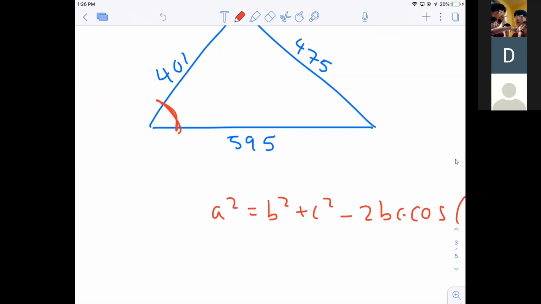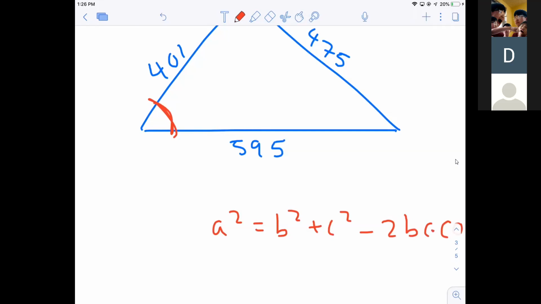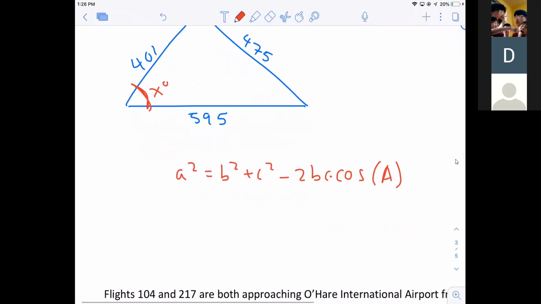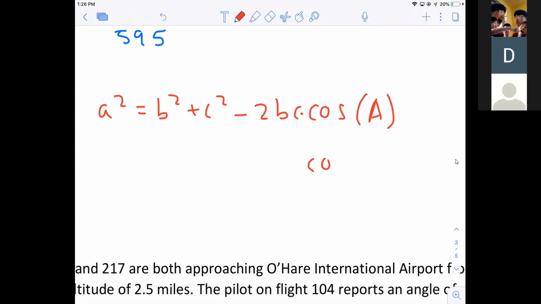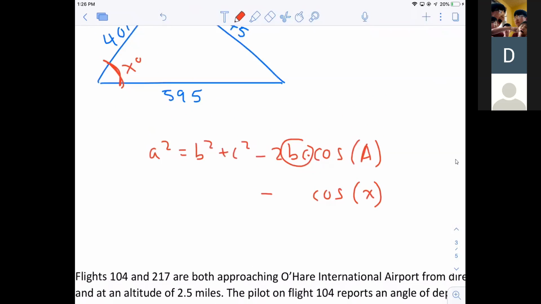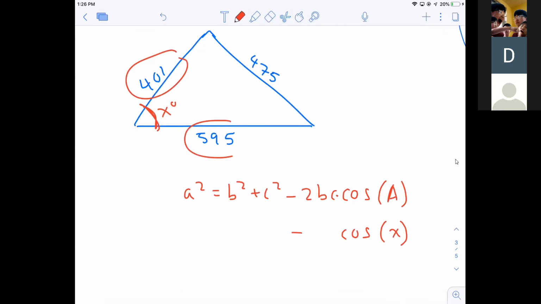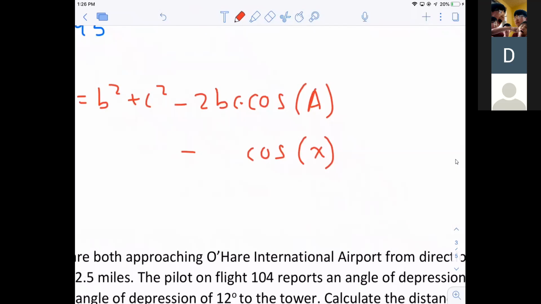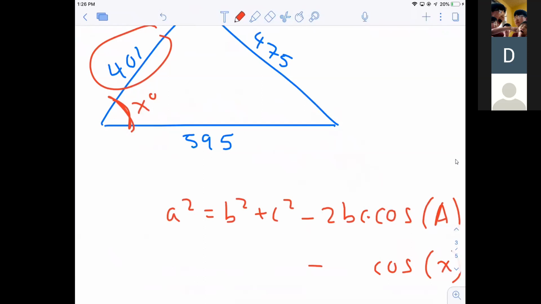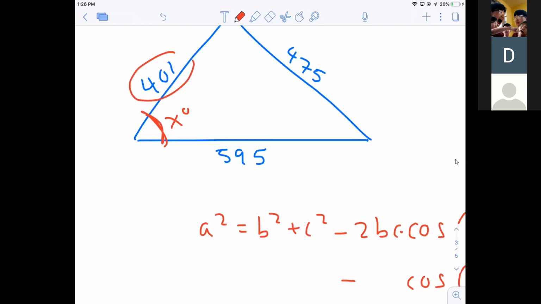That's the angle we're looking for. So I don't want to use the same letter, so I'm going to call this x degrees. So we know the cosine of x, minus, so B and C are the two sides that make the angle A. So that's going to be 401 and 595. It doesn't matter which one you make B and which one you make C, but B and C are going to be 401 and 595.